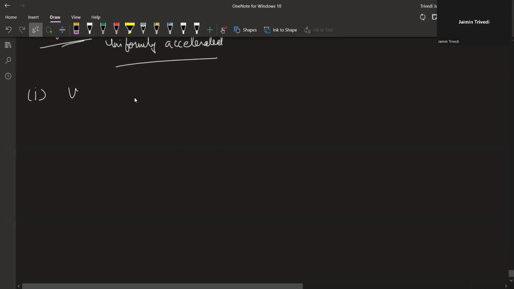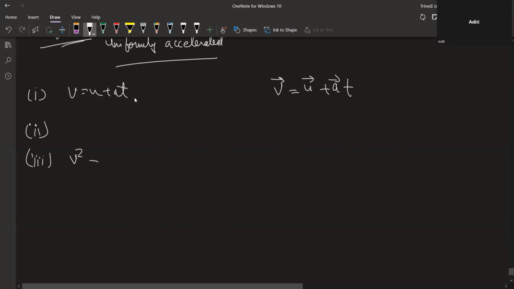First one, you know, v equals u plus at. If you want to write in vector form, v vector equals u vector plus a vector t. Tell me the second equation. v square vector is equal to u square vector plus 2 a vector dot s vector.